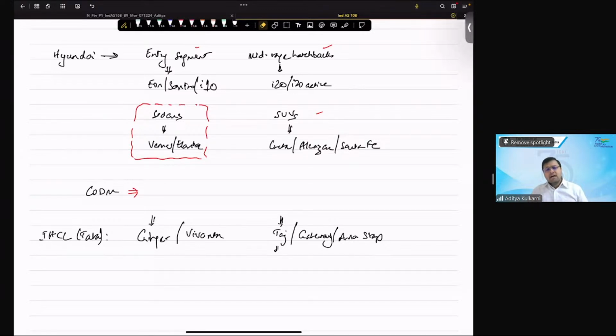Taj, for example, is having 36 properties coming up in Goa. So that is one thing which is going to definitely change the dynamics.